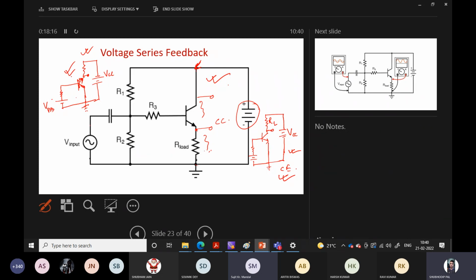An equal amount of voltage drop will appear across the other element, so the total voltage remains the same, as per Kirchhoff's voltage law.